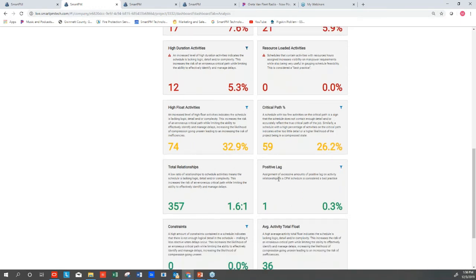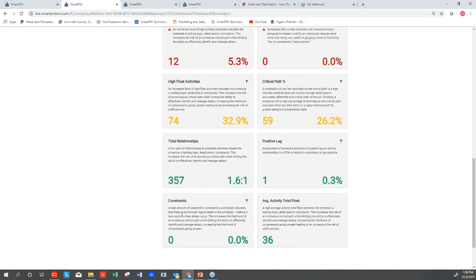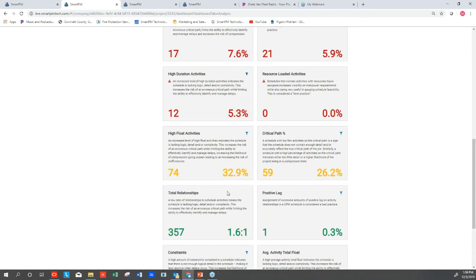In addition, there's other things like, are there a lot of constraints? Looking at the total relationships to activities ratio, making sure that that's not too low is important. If you think about construction, we want to have close to 2 successors for every activity, particularly in one that's complex, that's partially vertical, partially horizontal.